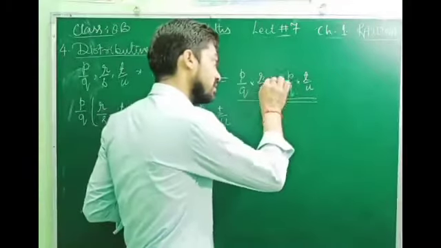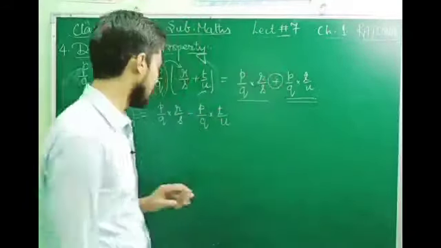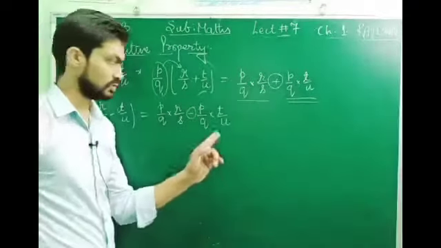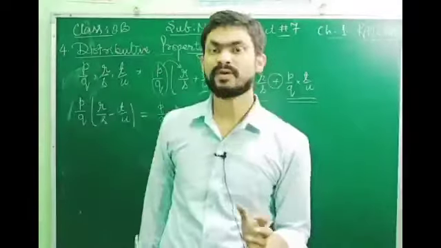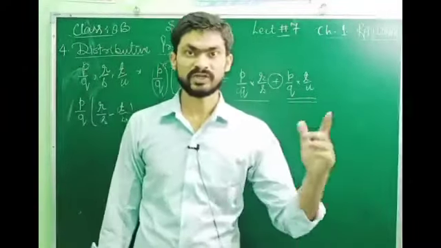This sign is the responsible sign. Here also, distribution of multiplication over subtraction. So these are the two properties we have to understand as the distributive property for rational numbers.